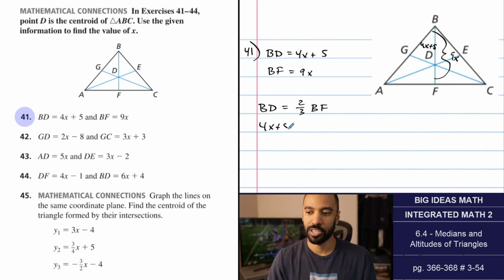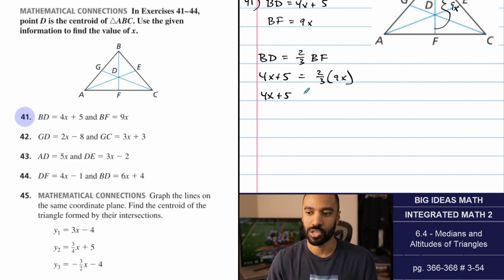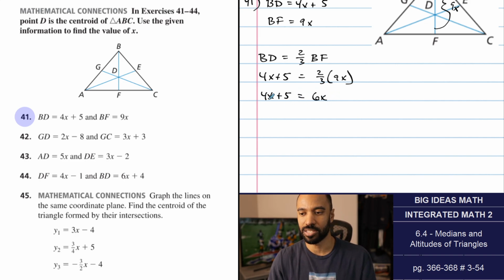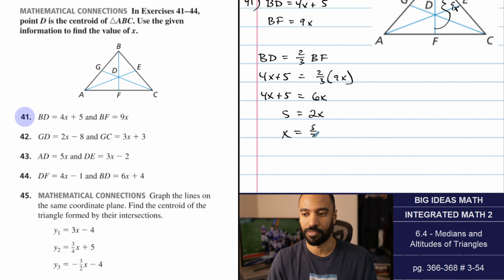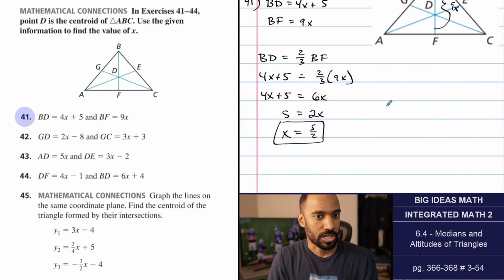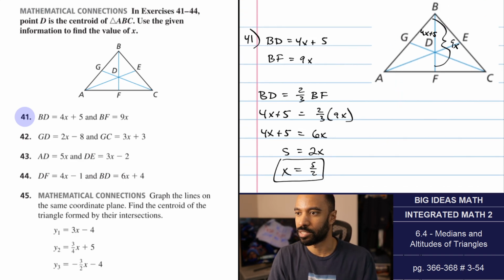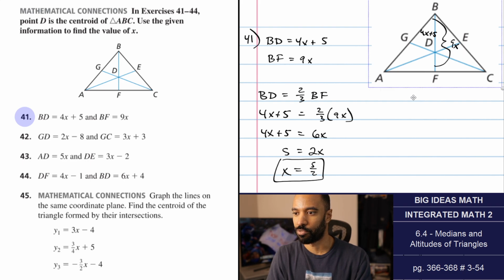So 4x plus 5 will be 2/3 of 9x. 2/3 of 9x is 6x, so 4x plus 5 is 6x. Subtract 4x from both sides. 5 is 2x, and x looks like it's 5/2. They just say find the value of x. They don't ask you to substitute anything after, so I will not. All right, that is 41.